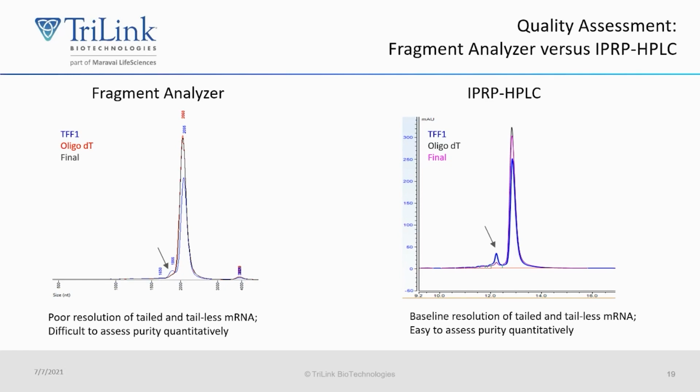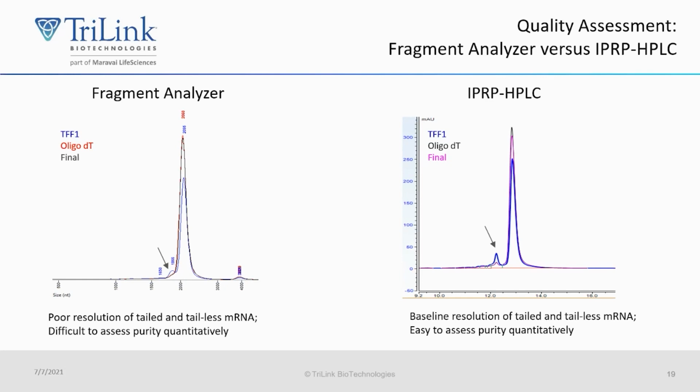In this slide, I am showing a firefly luciferase messenger RNA that has been purified by oligo-dT. For the fragment analyzer, the blue traces material after the first diafiltration, but before purification, and the red trace is after oligo-dT, and the black trace is final product. This is how we can monitor purity throughout the manufacturing process.